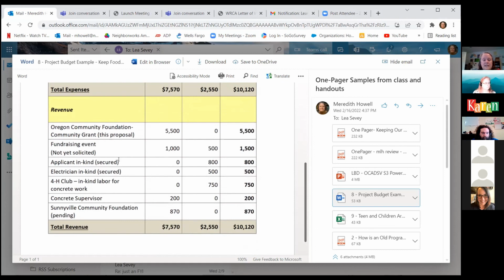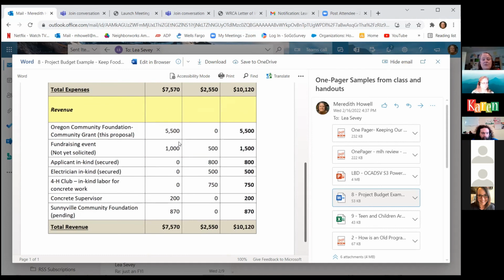Not only does the in-kind match, but basically I'm taking the same categories and putting them down here in revenue. So here's the electrician, here's the 4-H club, and here's the fundraising event.